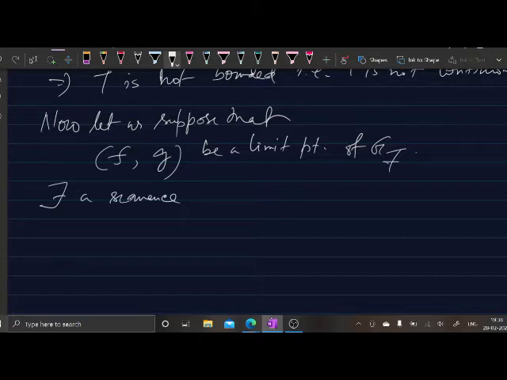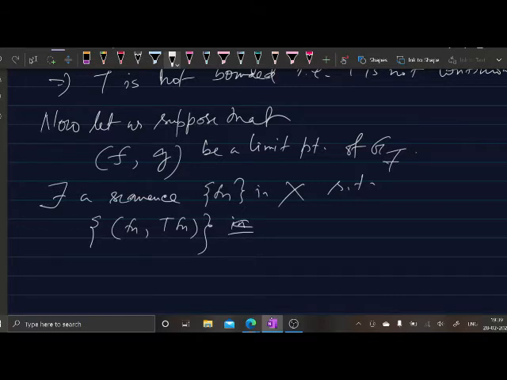There exists a sequence f_n in X such that the sequence (f_n, T f_n), right? So this is a sequence in G_T satisfying the property that this converges.